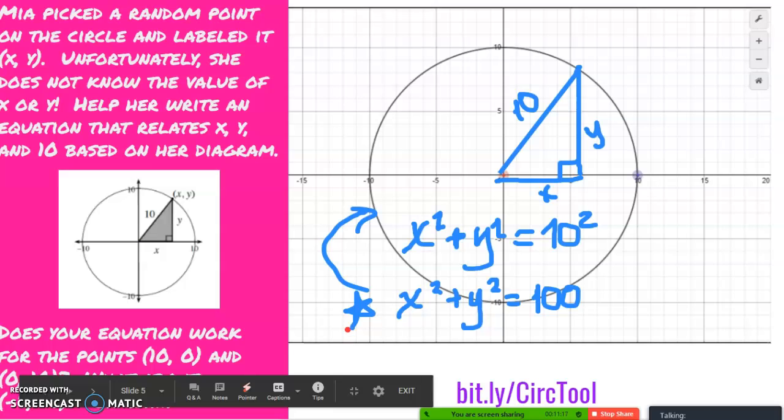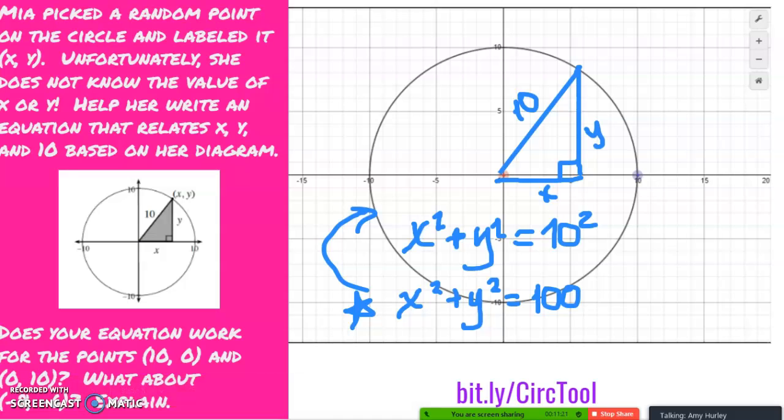Does your equation work for the points 10, 0 and 0, 10? Well, you just plug them in and see. For 10, 0, this would be 10 squared plus 0 squared equals 100. Does that work? It sure does.